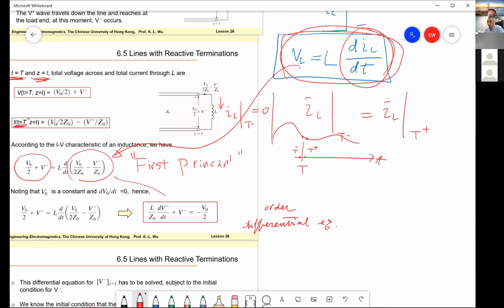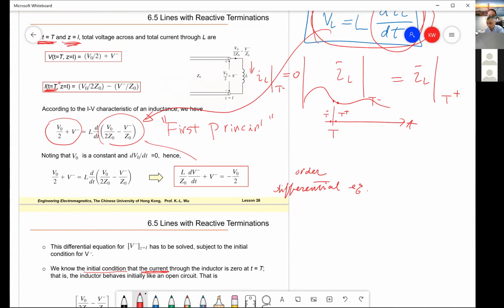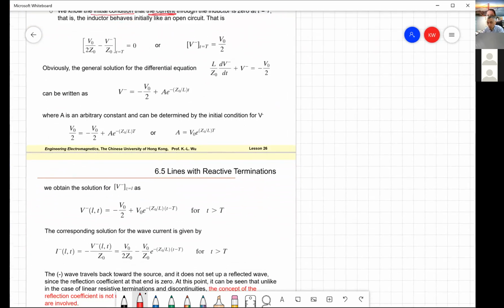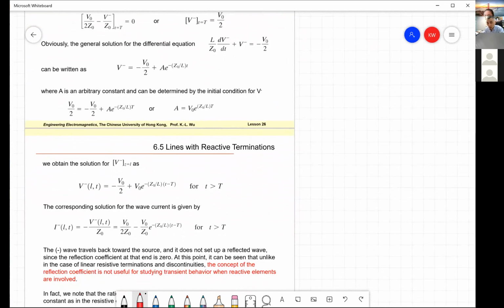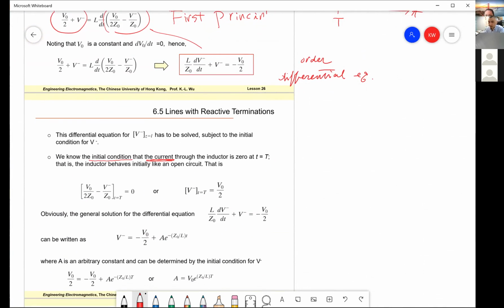I would rather spend more time to teach our students to use first principle than tell you, use this, use that. You don't need a gun to hunt a rabbit. Okay, now we know why we chose current to apply the initial condition.